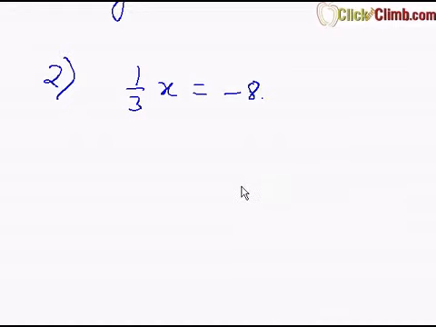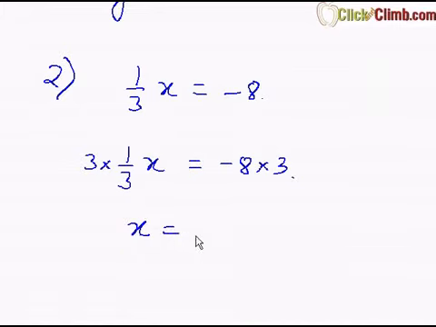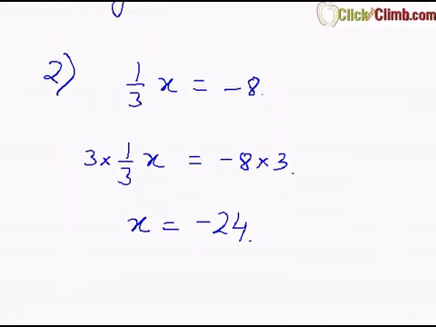When I have 1/3 of x and I want only x, I multiply the left side by 3, because 3 times 1/3 makes 1, and what I do on one side will be done on the other side as well. So I have -8 times 3 on the right side. Now 3 times 1/3 of x is just x, and -8 times 3 is -24. So x equals -24 is the solution to the linear equation.